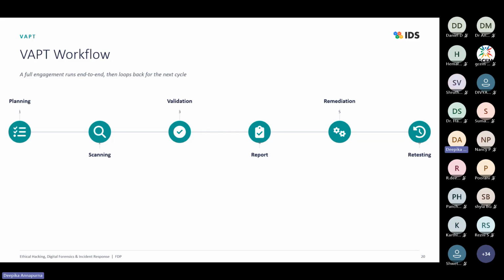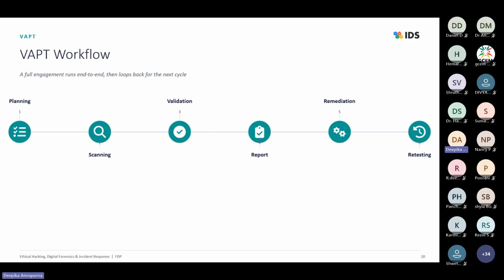The ethical hacker needs to manually test each and every vulnerability before it is reported to the organization. For example, if a tool reports 15 vulnerabilities, he has to check everything and exploit each one manually to see whether it is exploitable or not. And then he has to report it.